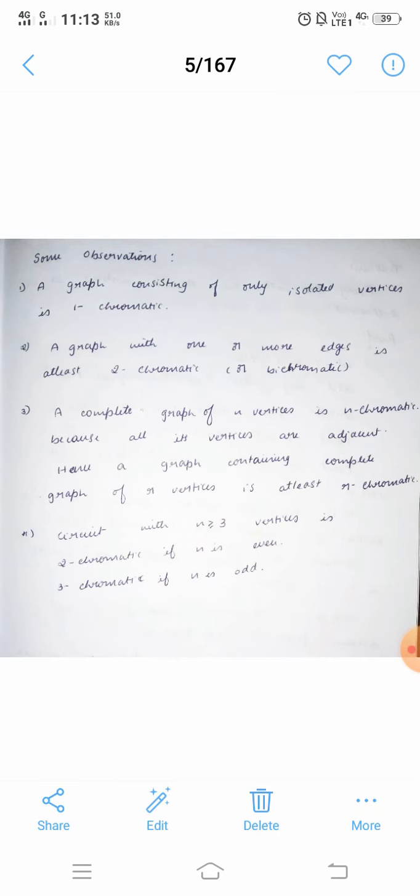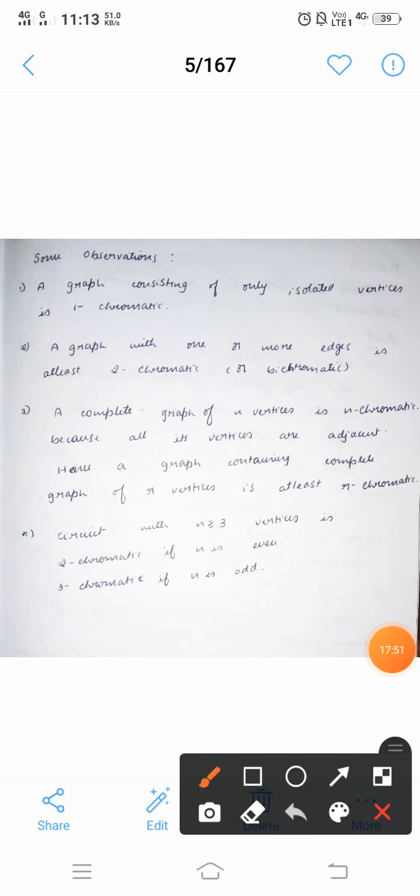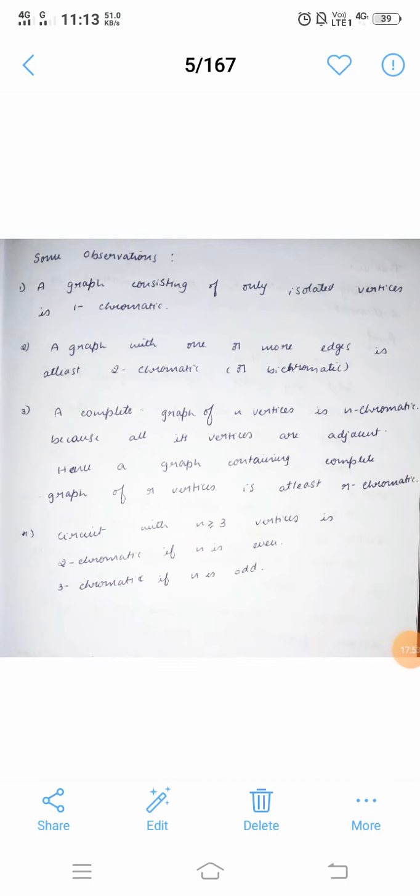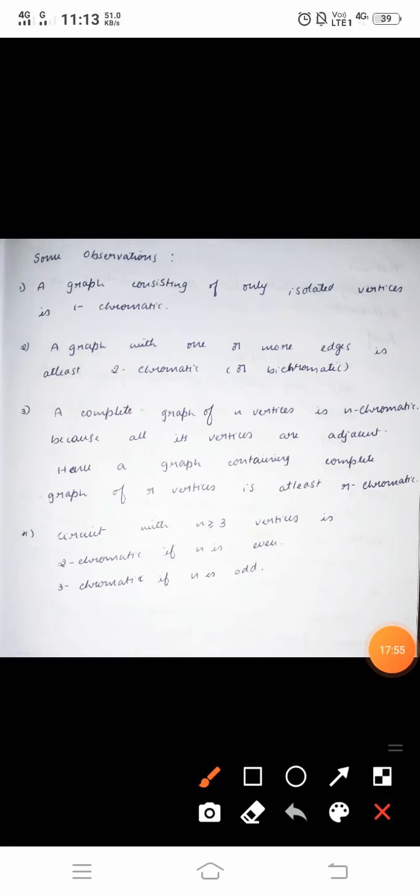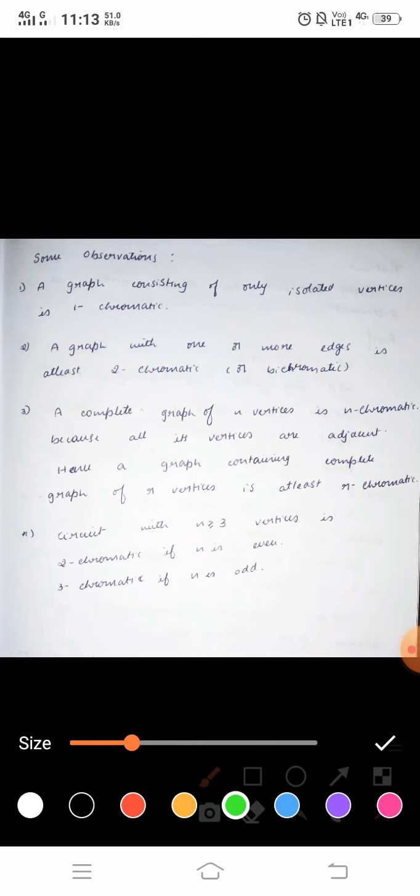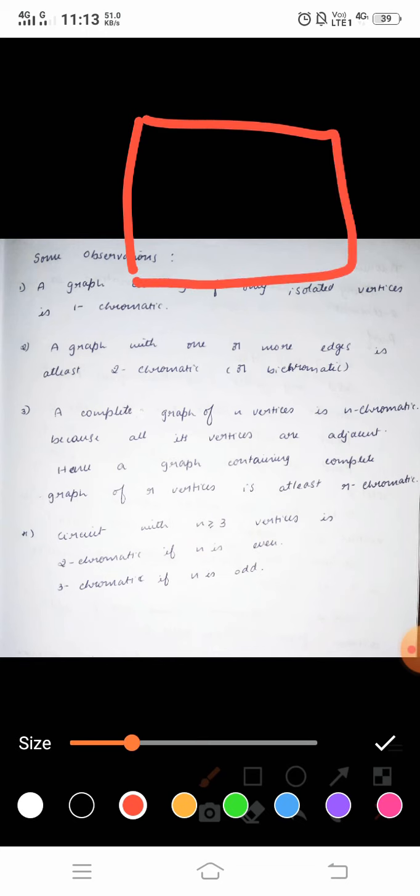If we take a circuit with an even number of vertices, I'll take 4 vertices. I'll paint this with 1. I can paint the adjacent one with 2.